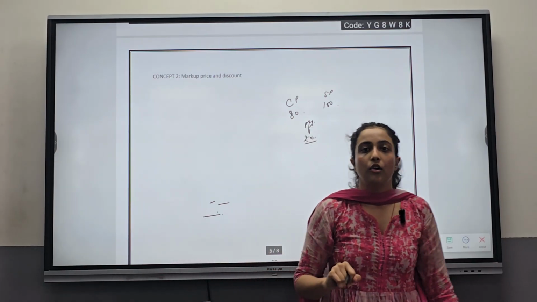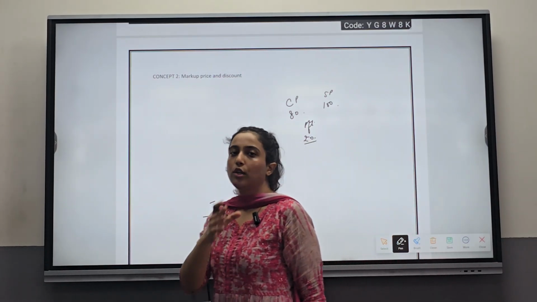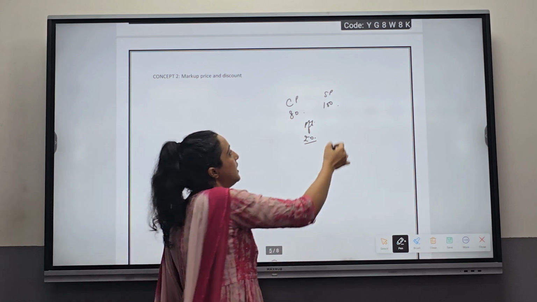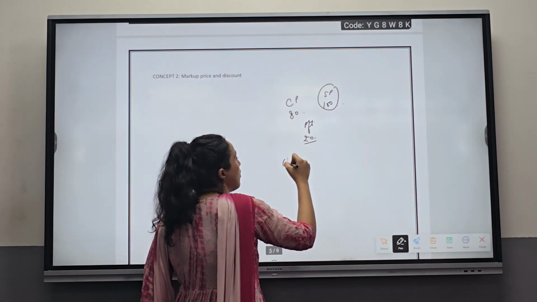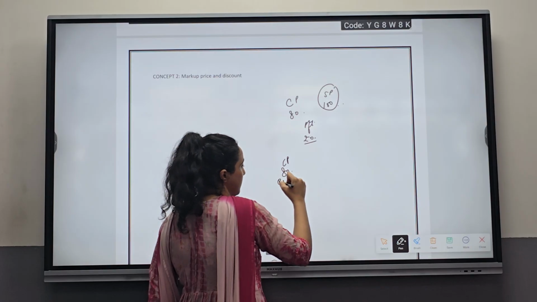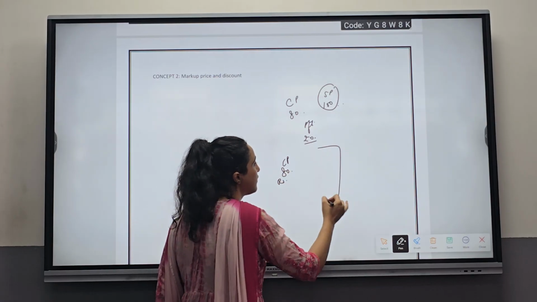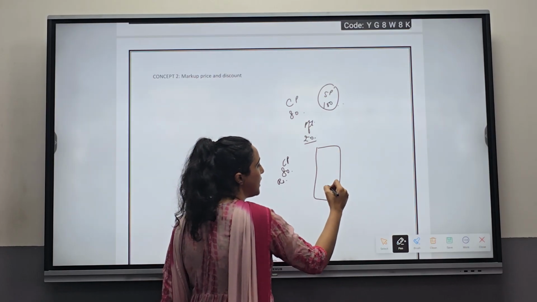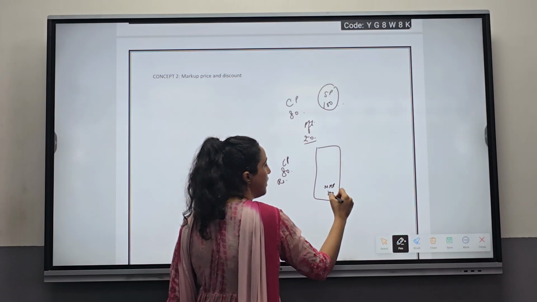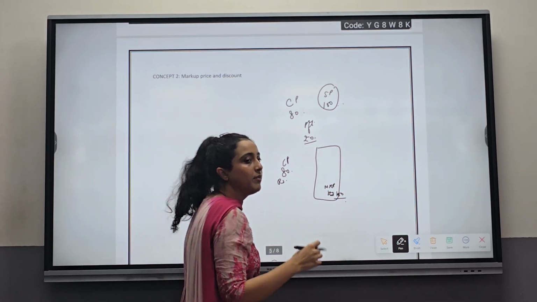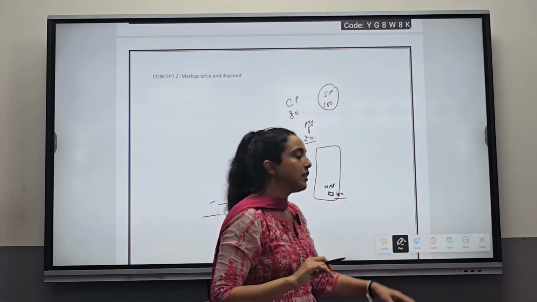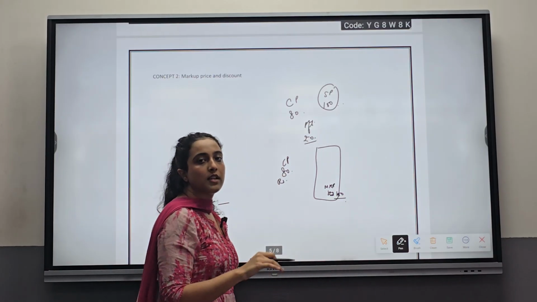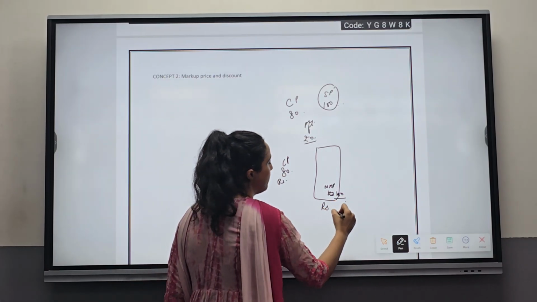Okay. Now, what if, let's say you are a shopkeeper and your cost price was 80 rupees. Okay. And on the notebook it is written MRP rupees 100. But the customer says, okay, 10% discount. There are 10 rupees of discount. Rupees 10 discount.